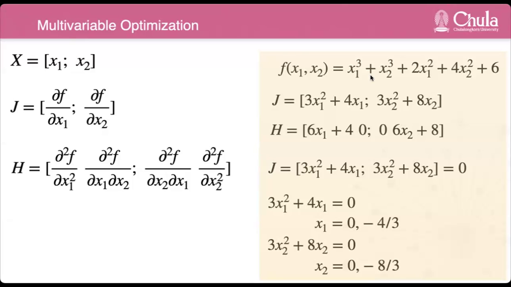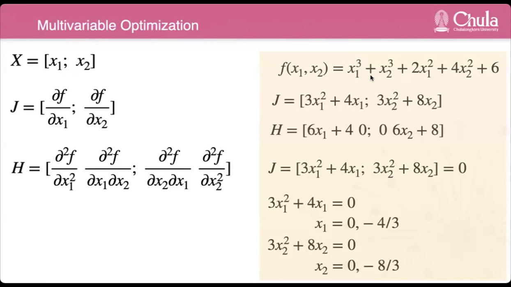Sorry, this term, the second column, second row, okay? We find the derivative of 3x2 squared plus 8x2 with respect to x1, right? So it becomes 0 because there is no x1 there.